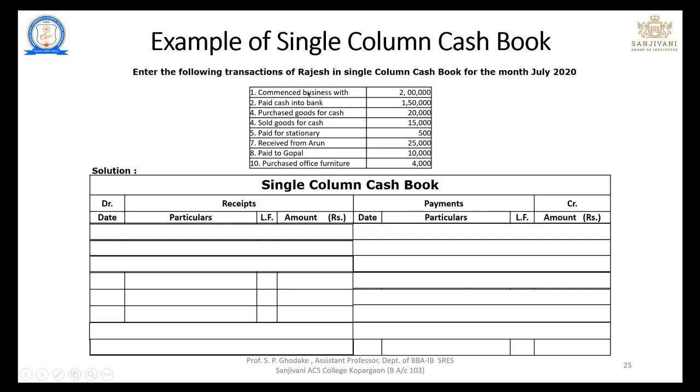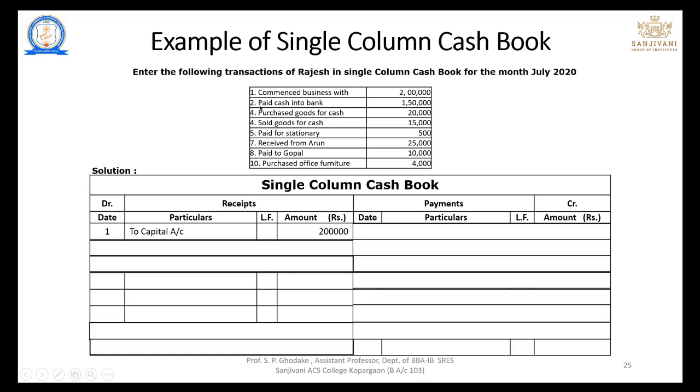So first, commenced business with rupees 2 lakh. As the business is commencing, the cash is coming into the business, so it is a receipt for the business. So here we'll write 1st July, and as it is commencing business, it is a capital, so to capital account. So here we'll write the amount 2 lakh.